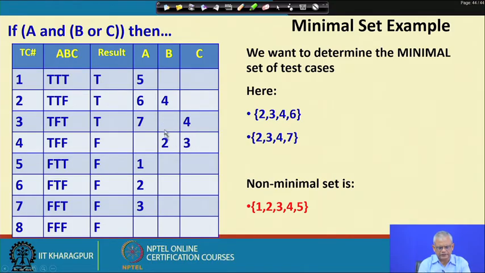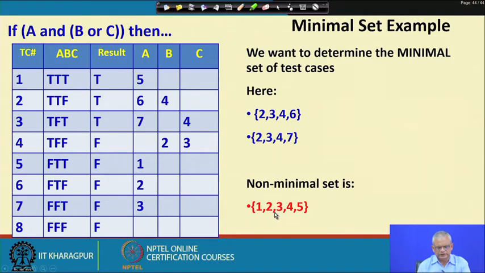4 3 and 4 2 will be there, and we can either choose 2 and 6 or 5 and 1, etc. So, if we select 2 and 6 for the A, then we have these 2 possibilities, 2 3 4 6 and 2 3 4 7, and also there is a non-minimal set where we include 2 4 2 and 3 4, that has to be there, 4 2 and 3 4, and also we include 1 5.